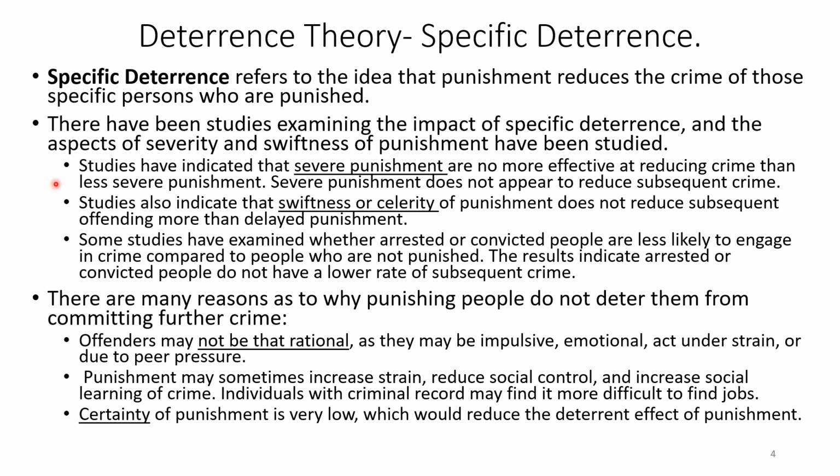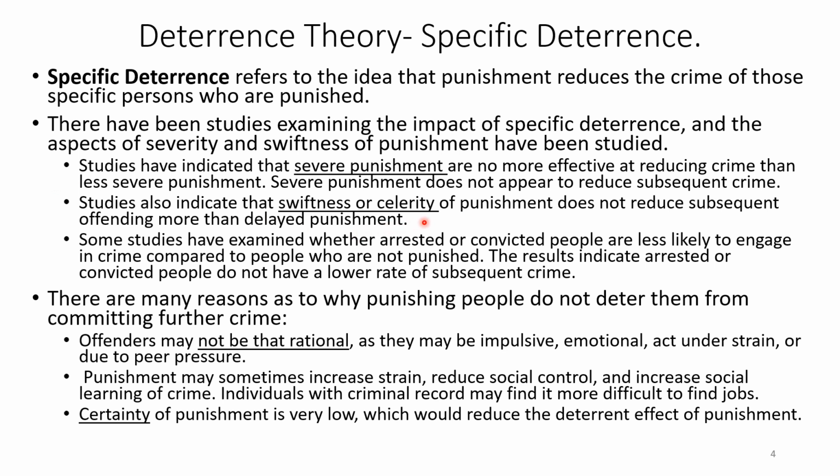There have been studies examining the impact of deterrence theory. It was seen that merely increasing severity of punishment was not more effective at reducing crime and does not reduce criminal behavior.